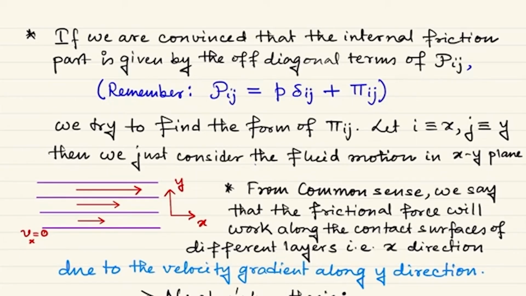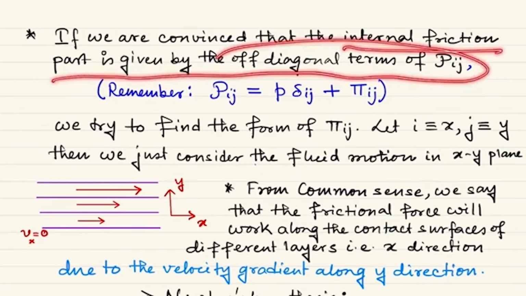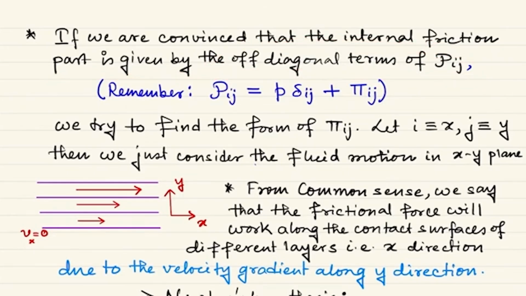We all know that the internal friction part should arise from the off diagonal term of P_ij, right? That is because when we tried to derive the real fluid equations from kinetic equations, we showed that the viscous terms become non-zero when we consider a perturbation or a departure from the equilibrium Maxwell-Boltzmann distribution.